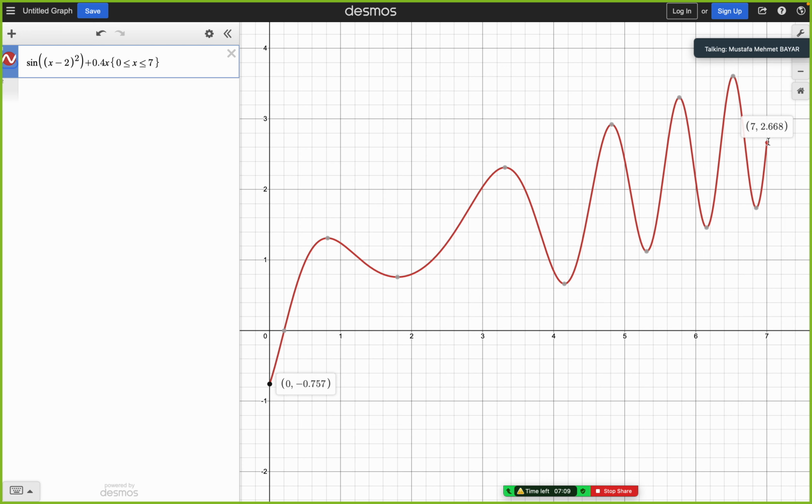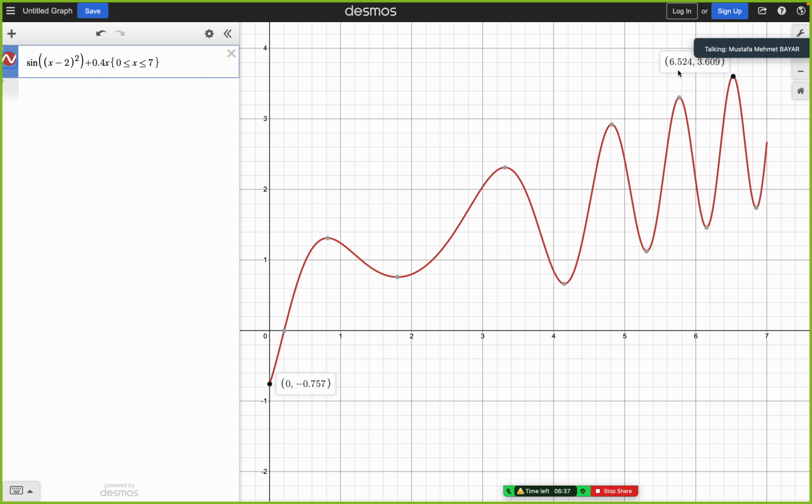And the final sub-question is finding the range of this function. So this margin point is the global minimum. I do not see any other point that is smaller than negative 0.757. And conversely, this point, roughly 6.5, is the global maximum.